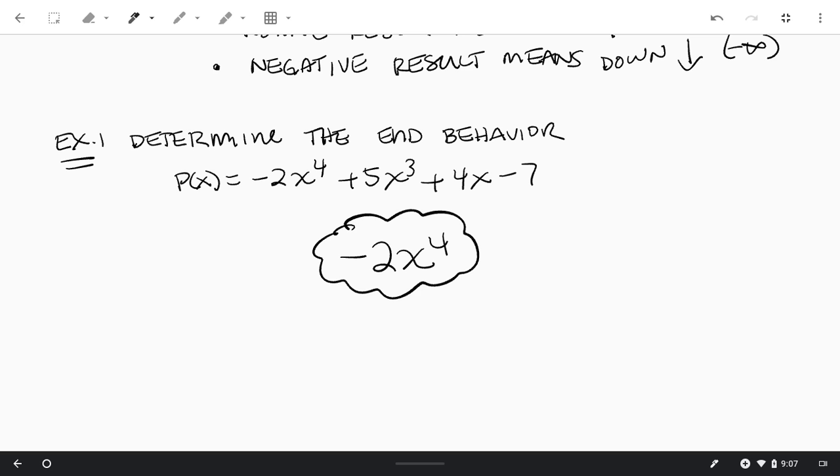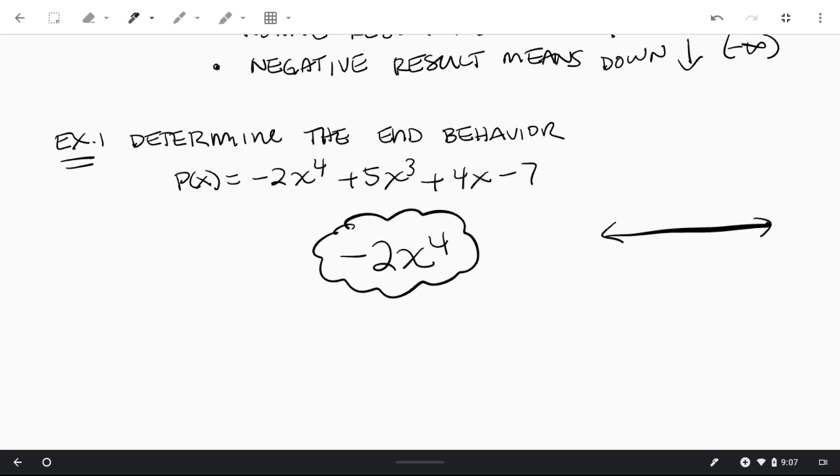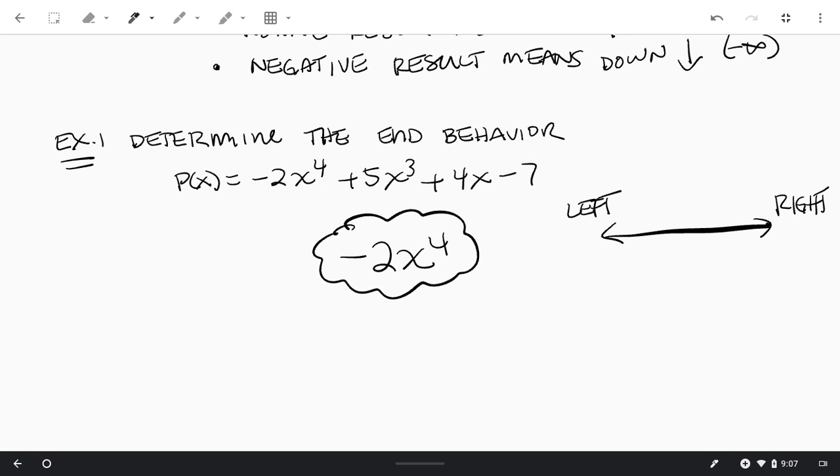All right. So let's determine the right-hand behavior. If you forget, you can always just draw your axis, and this side is the right, and this is the left. And on the right are the very positive numbers. On the left are the very negative numbers. So let's figure out what's happening on the right.